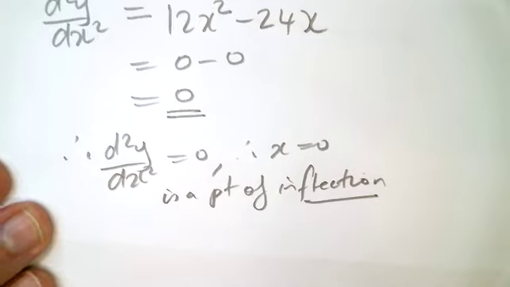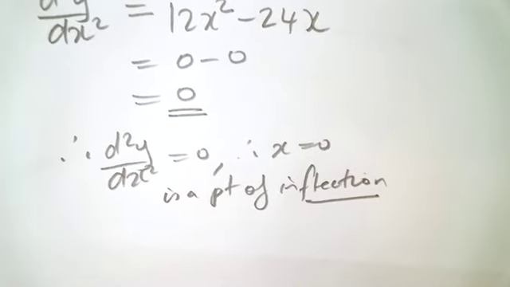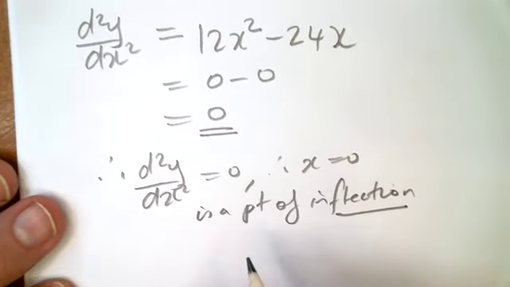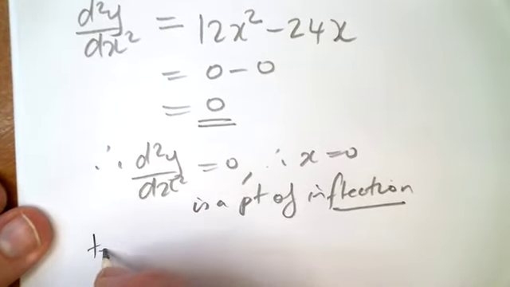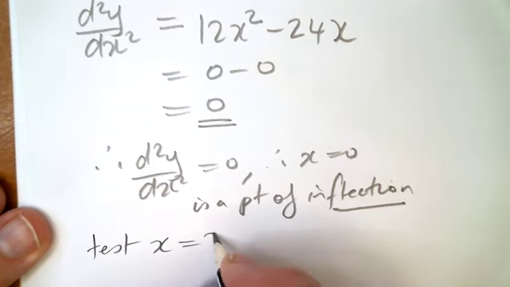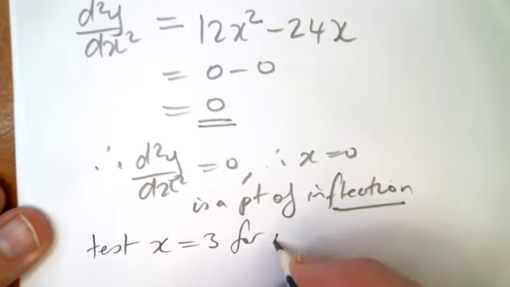Yeah? Now, that's not really helpful to us because we're trying to find the minimum. So let's test again for the other one. So let's go now. Test x is equal to 3 for minima.